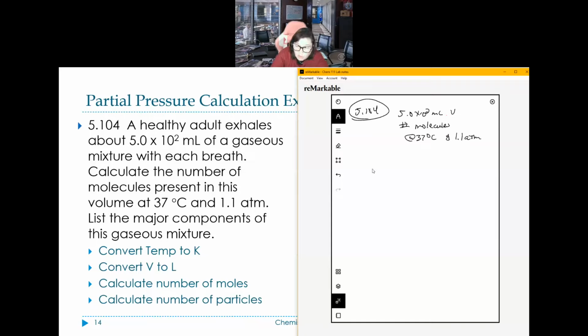Those are the major components of this gaseous mixture. So first, we're going to convert our temperature to Kelvin, because that's what it tells me to do. So 37 degrees C plus 273.15 is going to give me what? 310.